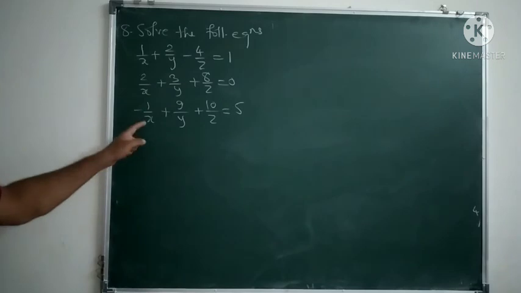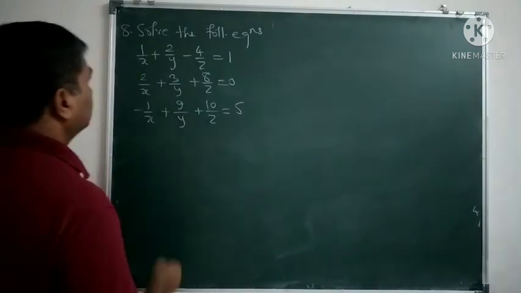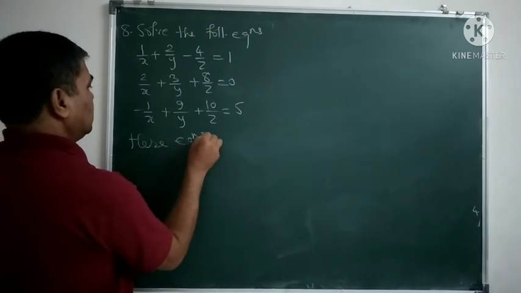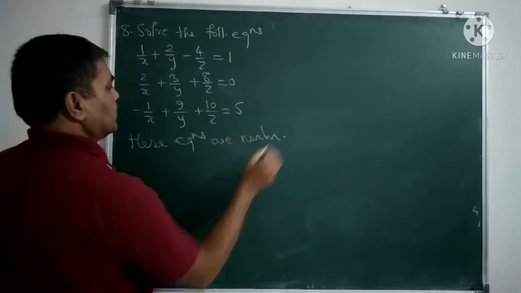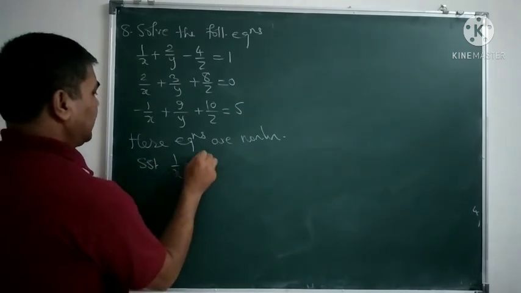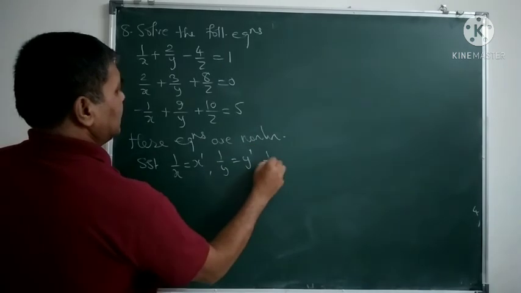So this is not a system of linear equations. Here the equations are not linear, they are non-linear. Remember it. Substitute 1 by x equal to x prime, 1 by y equal to y prime and 1 by z equal to z prime.